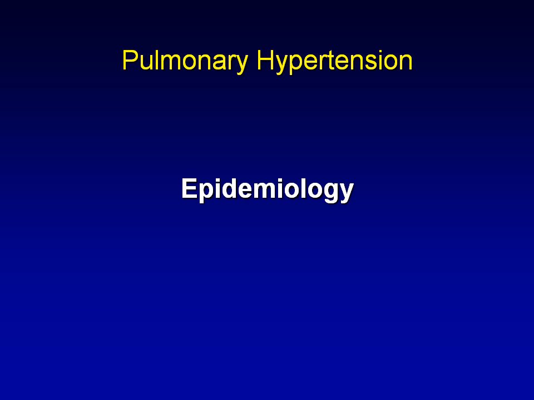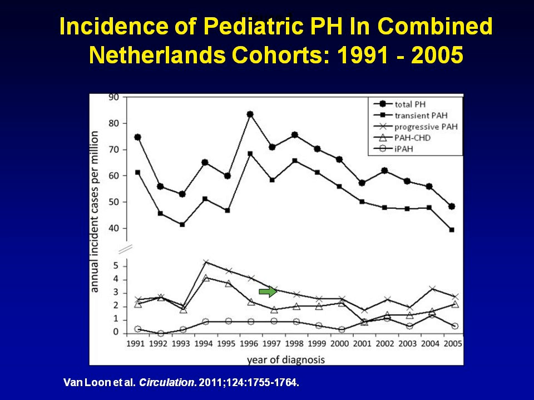Now in the past, we really didn't know how many children had pulmonary hypertension compared to adults. That's what epidemiology is, to say how often does this happen and how many patients have a certain disorder. So this is some data from the group in the Netherlands, and because all patients in the Netherlands with pulmonary hypertension go to one program, they were able to very accurately look at the so-called incidence, or how many patients with pulmonary hypertension there are.